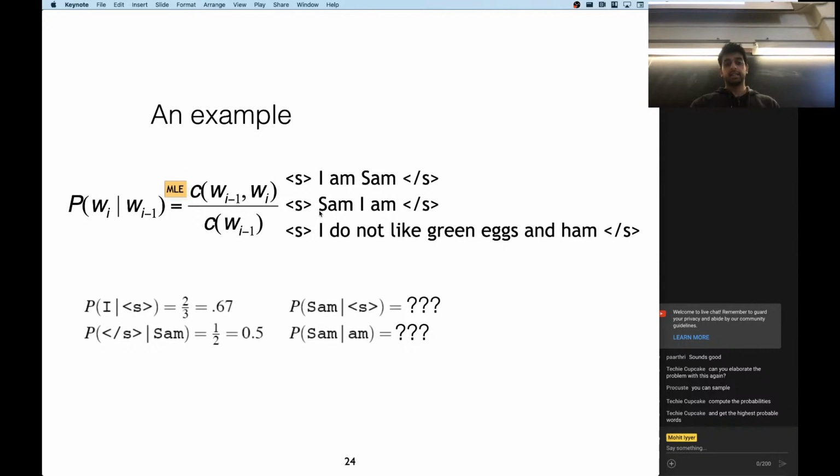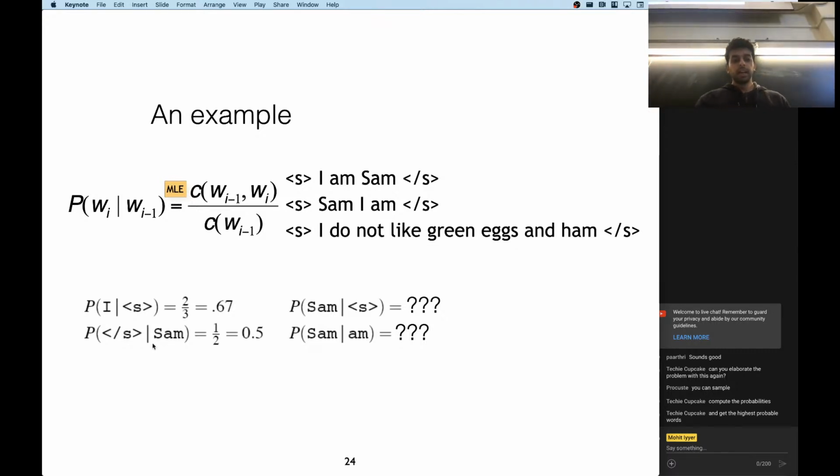In the second case, the next word was not I, and in the third case, it was I. So 2 of the 3 times I observed I after the start of sequence symbol. So my maximum likelihood estimate is 2/3, which is obviously kind of an artifact of having such a small data set: these probabilities are very high.